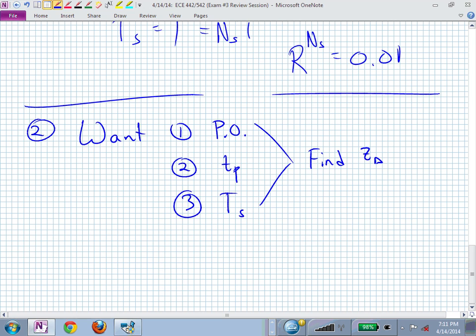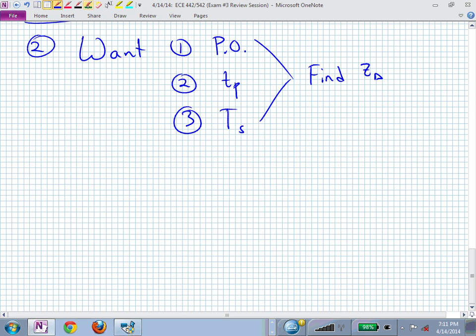Meaning, the percent overshoot spec will, let's say, lead to this zeta value. The time to peak spec, and now if you wanted 10% overshoot or less, which side of this heart do you want to be on? Above or inside? Outside or inside?